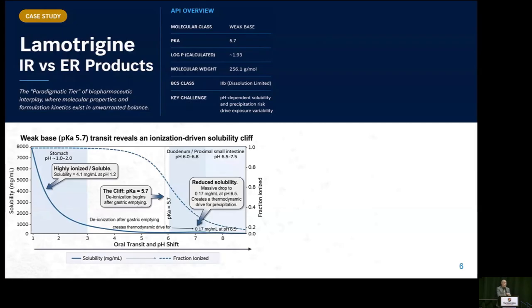If you look at the curve here, this is the solubility curve, and this is the ionized form curve, and the ionization dropped dramatically. So if the dose number for the dosage form that we are using is really high, then precipitation will happen. This precipitation may be solubilized by the bile, or it may crystallize to another polymorph that is not solubilized by the bile, which would be a catastrophic event.